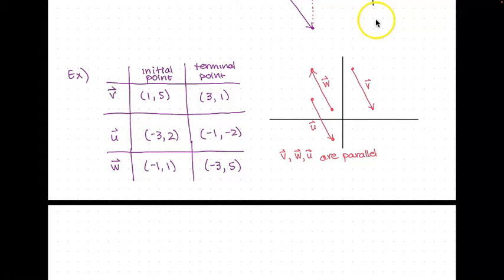So which two have the same direction and magnitude? U and V. So we call U and V equivalent vectors, because they have the same direction and magnitude.